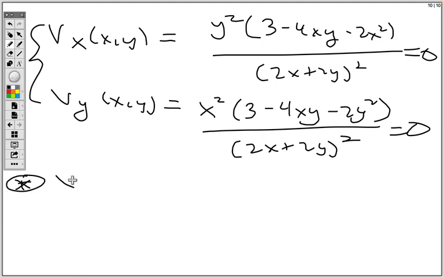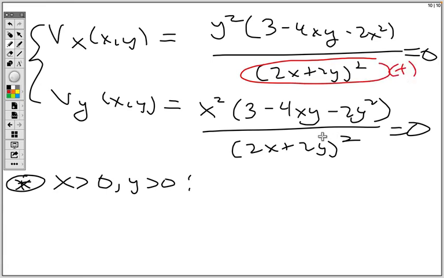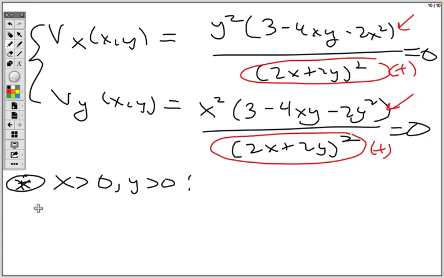So if we're working under the assumption here that the critical point is going to be where x and y are both positive, so the denominators are positive, the only way these fractions are going to be 0 is if the numerators are 0. So now we're down to this.